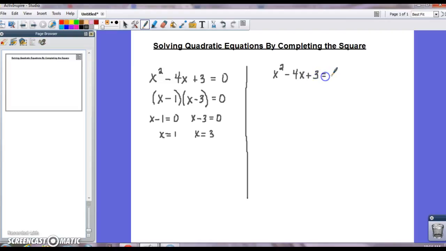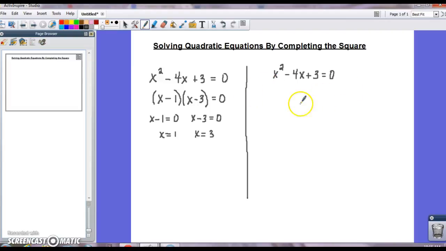Completing the square simply means that I am going to create, on the left side of my equation here, a trinomial that can be written as the square of a binomial. And that might sound like a lot of words, but I'll show you as we go. The first step is to make sure that the coefficient that's in front of x squared is 1, which it is in this case because there's nothing written there.